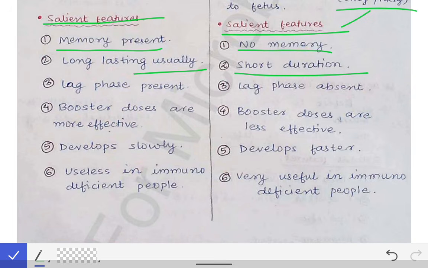Then lag phase is present in the active immunity. Lag phase means the time duration during which the host immune system tries to know about the pathogen. Whenever some antigen or microorganism infects a person, the immune system of that person tries to know all about that pathogen, and in that time it prepares the way by which it can kill that pathogen.